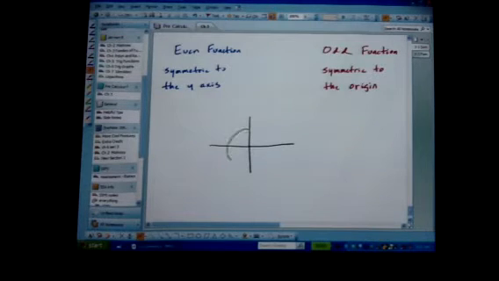So look at this example. What do you think about that shape? Is it symmetric to the origin? Yeah. When you spin it, it still looks like a circle all the time, right? If you fold it on the x-axis, does the top part land on the bottom? When you fold it on the y-axis, does the left side fall on the right side?